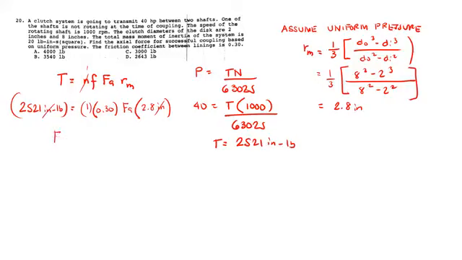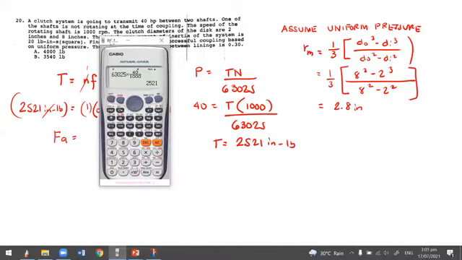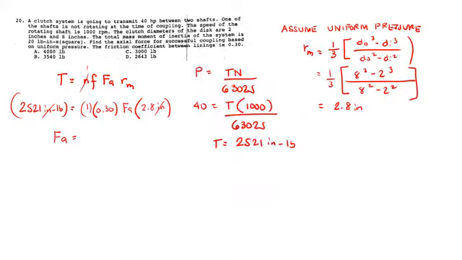So, makukuha natin axial force dito is equals to 2521 divided by 0.3 times 2.8. So, 3,001.19. 3,001.19 pounds. So, the answer is letter C.